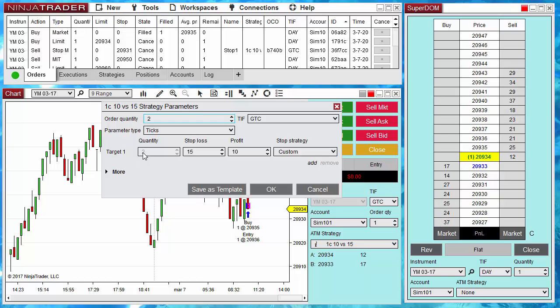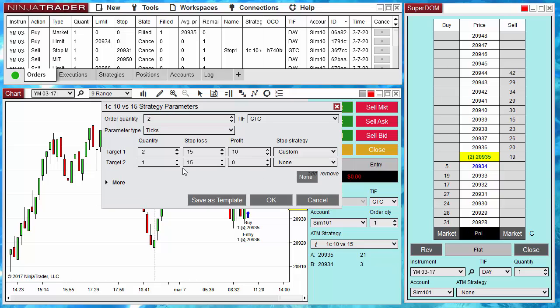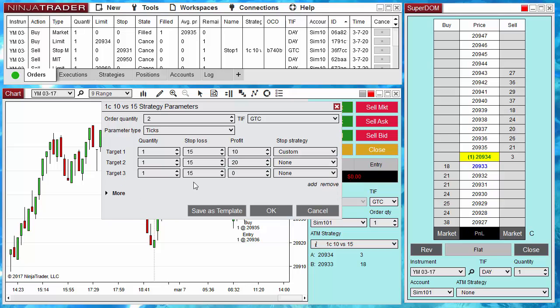Let's say that we want to trade a bigger position, for example 2 contracts, but instead of using the same target and stop for both contracts, then we can split the position in 2 positions, each position with 1 contract, but on the second we can use a different profit, 10 ticks on position number 1 and 20 on position number 2, and we can add so many positions as we want.